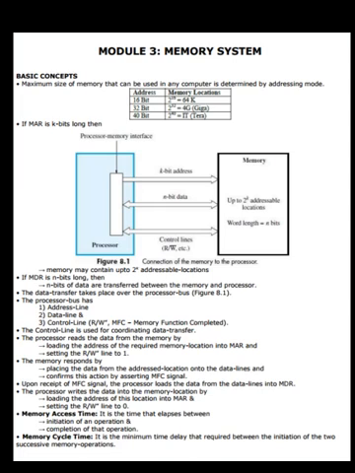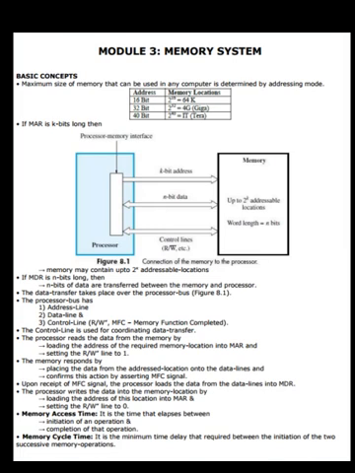See figure 8.1. The processor bus has address lines, data lines, and control lines. MFC means memory function completed. The control line is used for coordinating data transfer. The processor reads data from the memory by loading the address of the required memory location into MAR and setting the read or write line to 1.